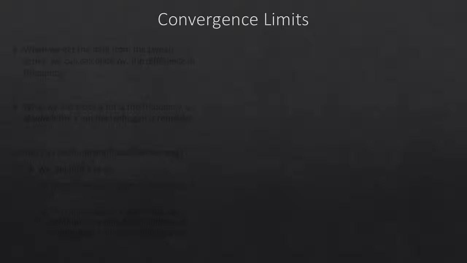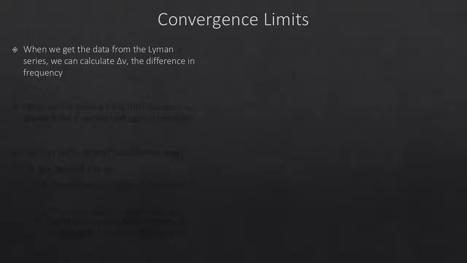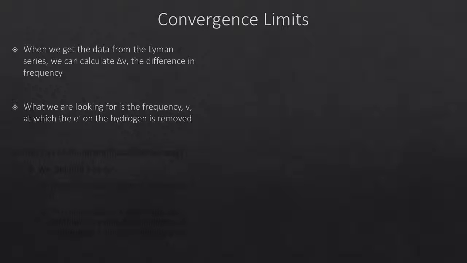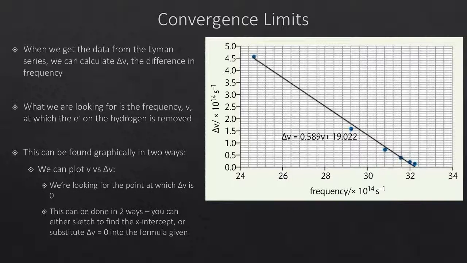So let's look at what we mean by convergence limits. I explained it briefly the other time, but it's much easier when we can actually present this data in a slightly different way. So what we're looking for, the whole point of this, is to find the frequency at which my electrons are removed. They're taken from that n equals 1 level to that n equals infinity level. So there's two different ways graphically we can show this, and here's the first way.